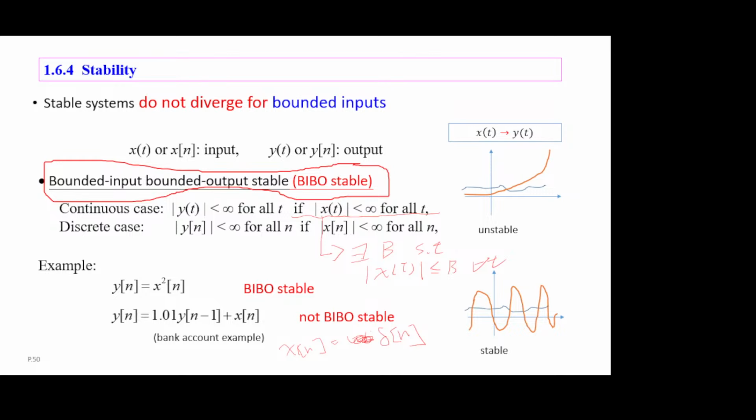So here we have some pictures that give an idea of things being bounded and unbounded. For an unstable system, you have a bounded x of t, then your y of t will grow exponentially like in this case, and go to infinity.